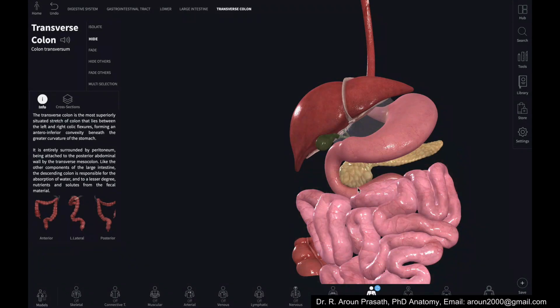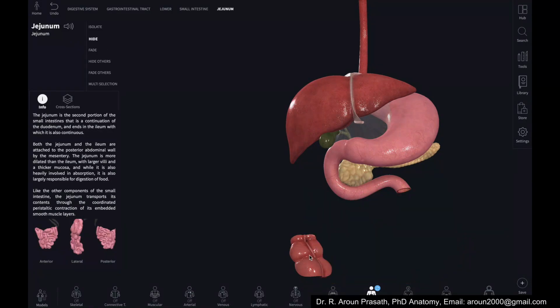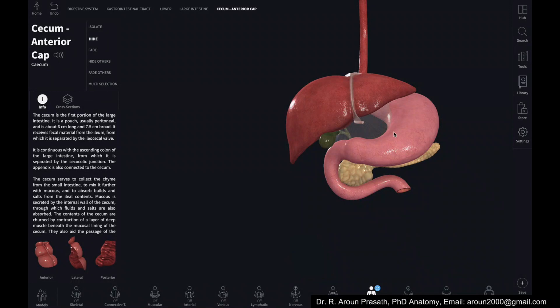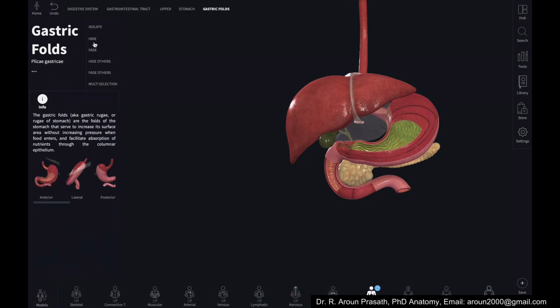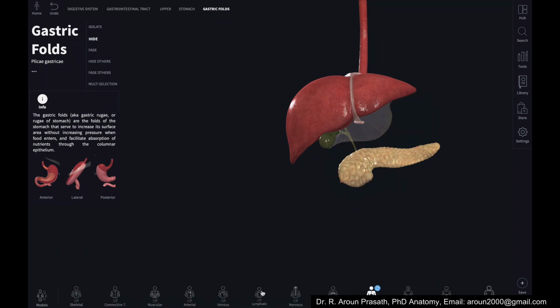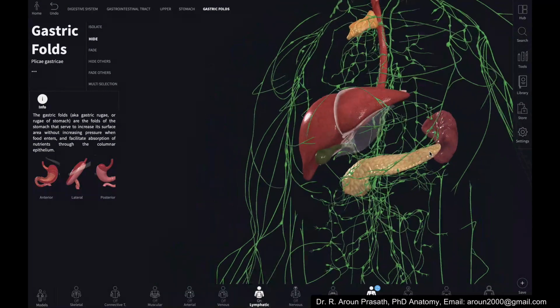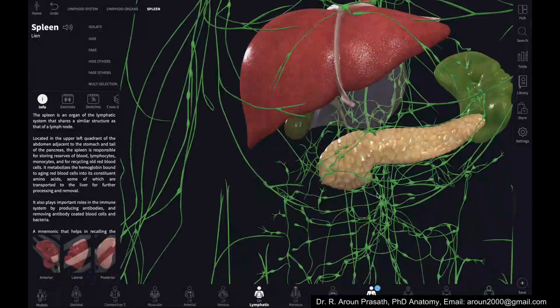The pancreas, which is in the retroperitoneal space, is a highly vascularized organ. If you look at the splenic artery, you can see the spleen is present at the tail end of the pancreas, like this.